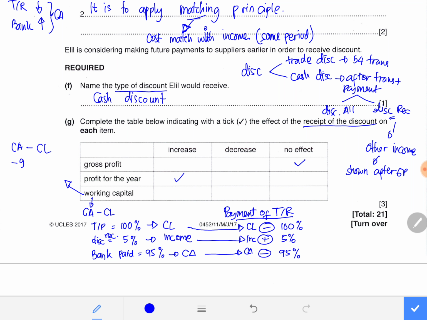So I'm going to put decrease 95 and then minus your CL, negative open bracket 100. So minus 95 plus 100 equals plus 5. So that means every time there is a discount received, your working capital is increased.